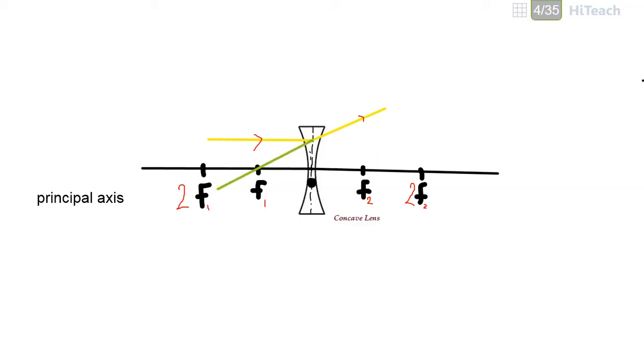Okay, so for this one use dots here to show you this is not the one that is refracted exactly. So this is rule number 1.